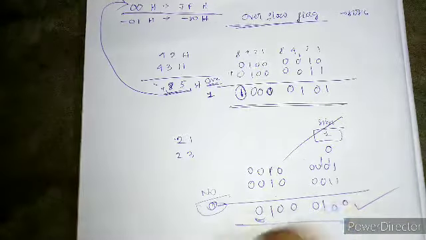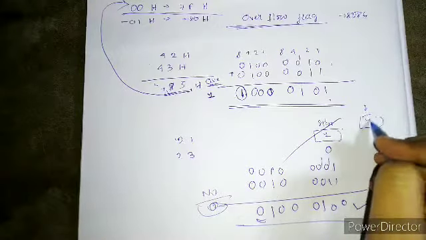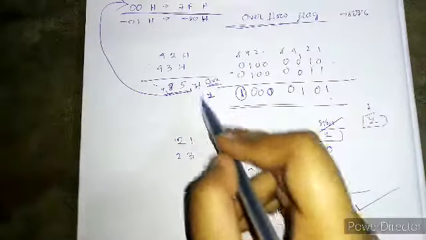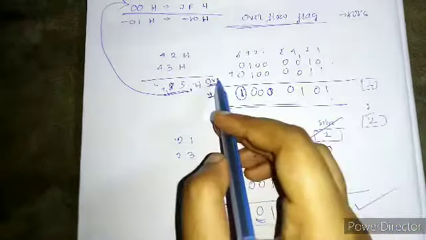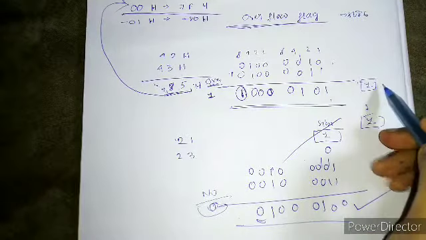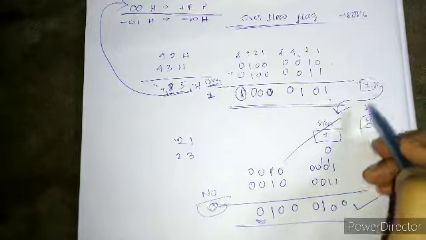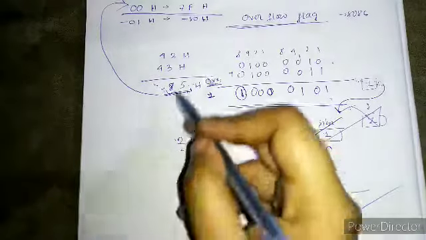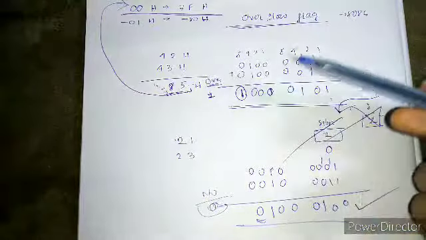But in the earlier case, after addition, the sign flag goes to 1, and at the same time the overflow flag also goes to 1. So the overflow flag has the highest priority. After checking it, you come to the sign flag. If overflow is 1, the sign flag is wrong and the result is wrong.